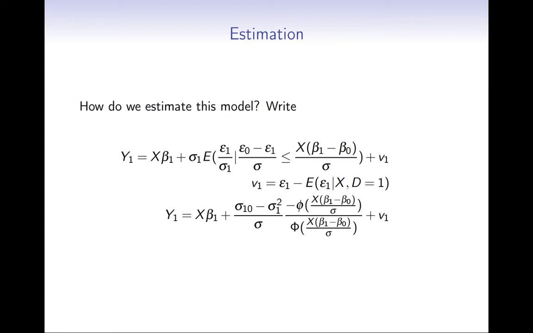Okay, how do we estimate this model? Let's write the original equation here. Notice what I'm doing is I'm basically adding and subtracting this term. So this term here is identical to this term. It's just plugging in for what these things mean. This error term has conditional mean 0 by construction.